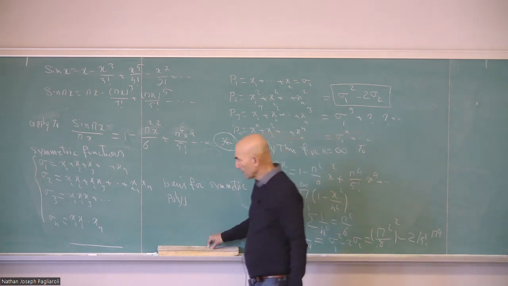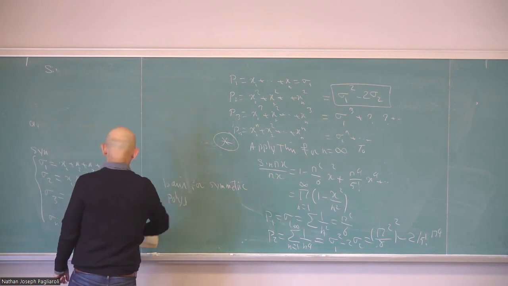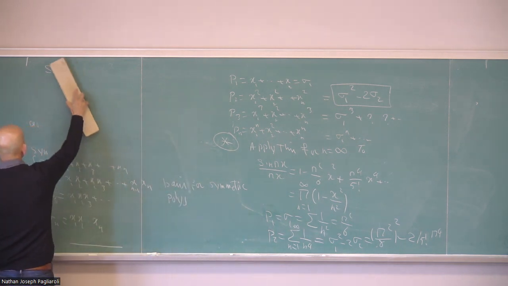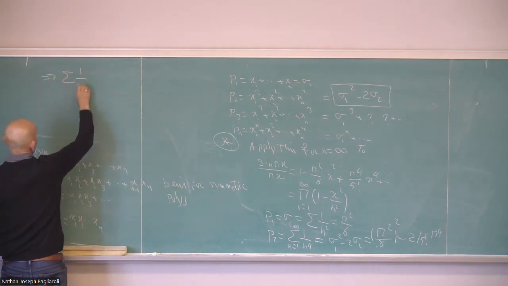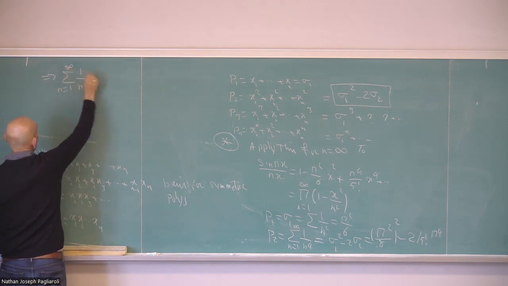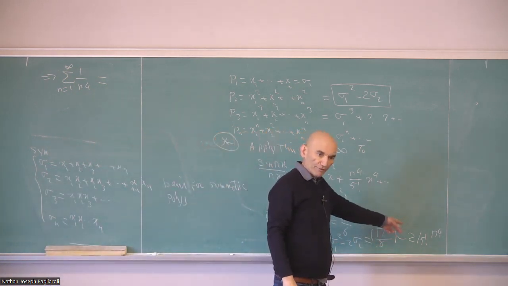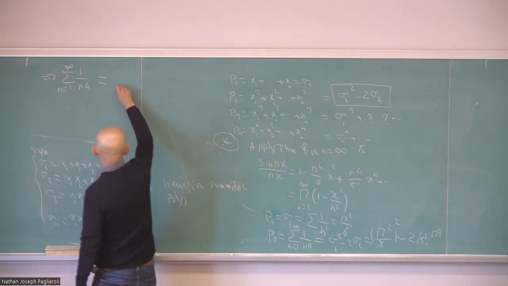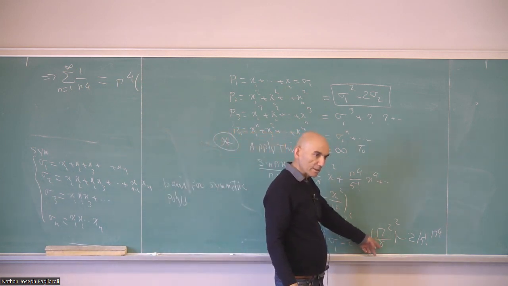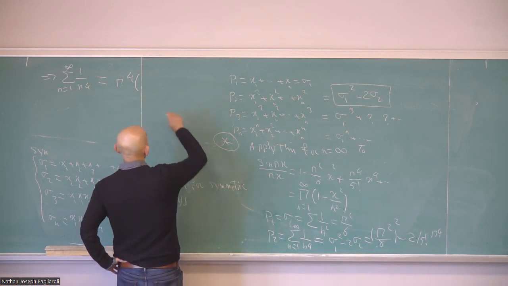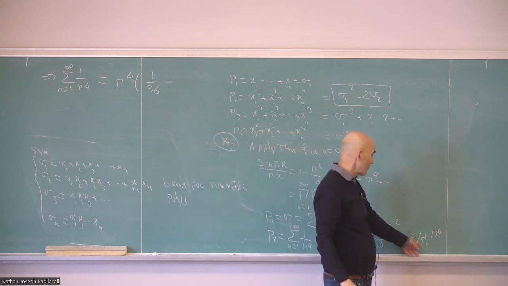So if you put everything together, you conclude that the sum of 1 over n to the 4, from 1 to infinity, is equal to, first of all, a factor of pi to the power 4, times 1 over 36 minus 2 over 5 factorial.